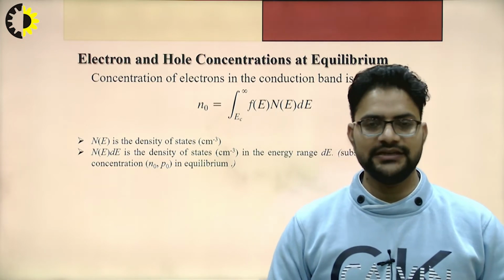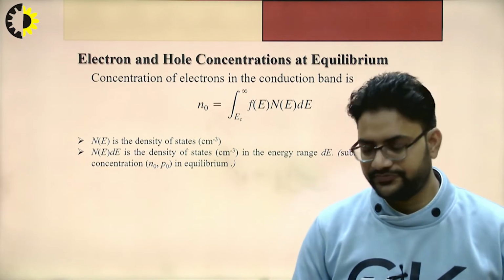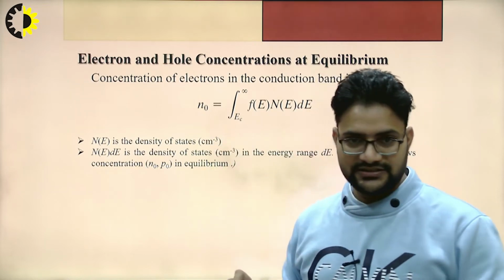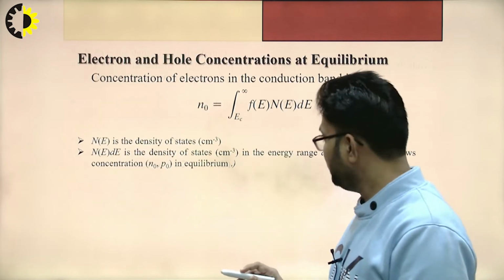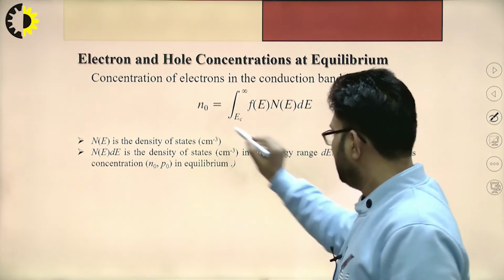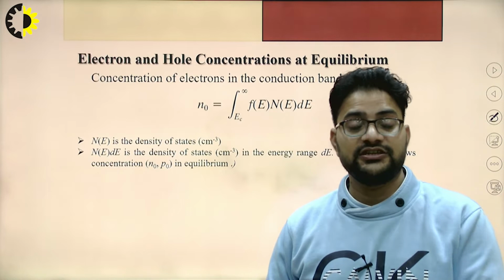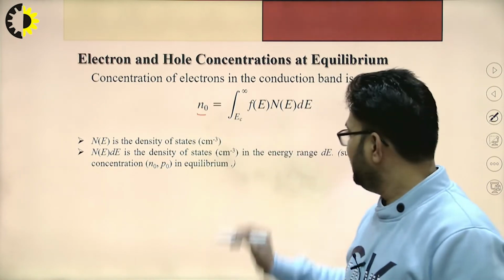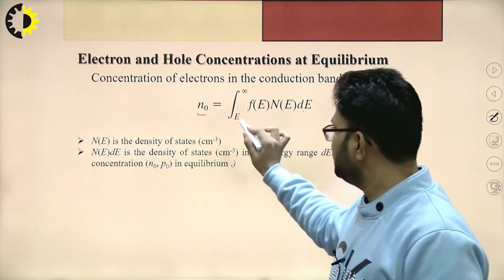Mathematically, in the conduction band, the concentration of the electron is given as follows. Let N naught denote the number of electrons, or the electron concentration, at the equilibrium state. N naught is given by an integration where E varies from EC to infinity.